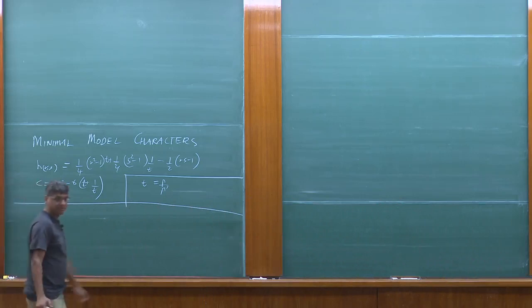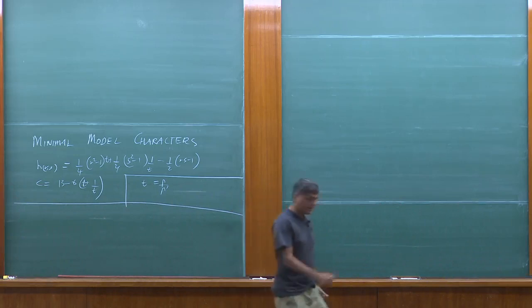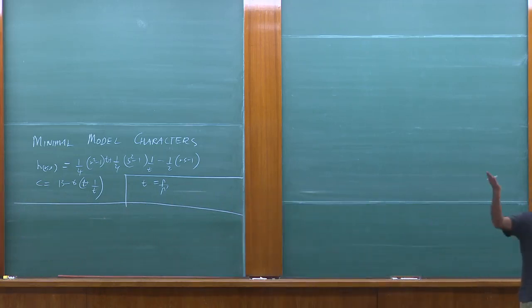Character as partition function. I'll define it as we go on. It's a complete characterization of the states of the module, so a complete counting of states with charges. Basically, a trace of Q to the power L0 is the character.